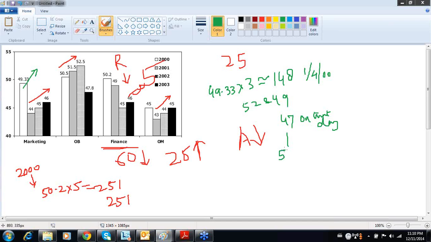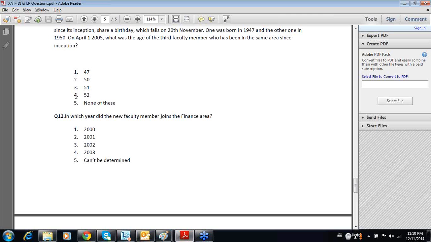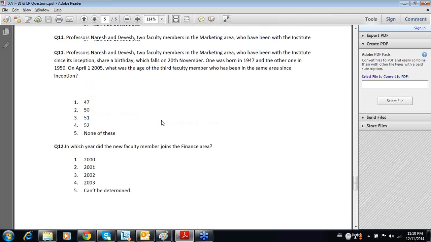It is saying 5 years later, 2005, he is asking the age. That means after 5 years, what will be the age? 47 plus 5 will come out to be 52. So we have option 4, 52. We'll go ahead and mark option number 4.